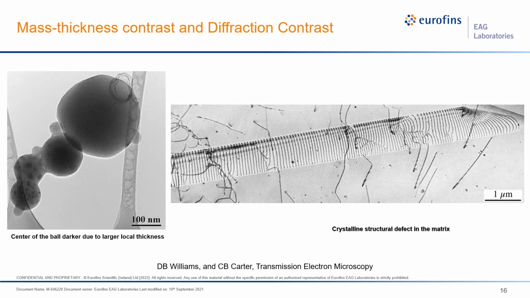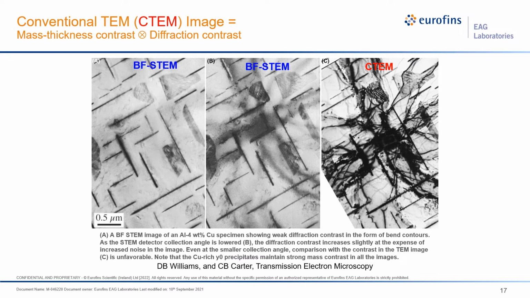As for diffraction contrast, for example, this is a pure aluminum alloy, and these lines are not foreign material. This is just because of local defects in the matrix. So it will scatter the electrons differently from the matrix, so it will give different contrast. So in a conventional TEM, on this side is called CTEM.